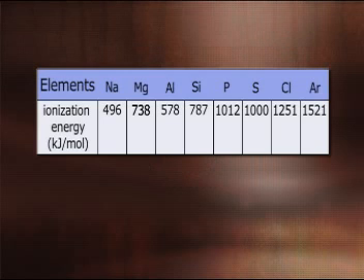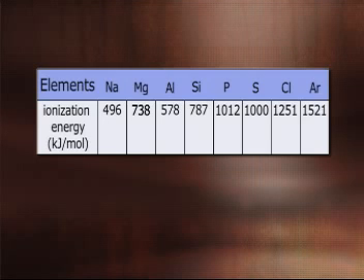You might be wondering why the first ionization energy of aluminium is lower than that of magnesium, and also why the first ionization energy of sulfur is lower than that of phosphorus. For several reasons, there are a number of irregularities that can be seen across a period.